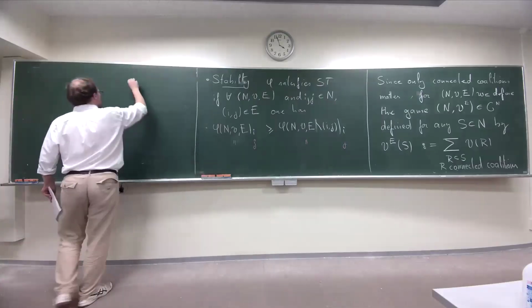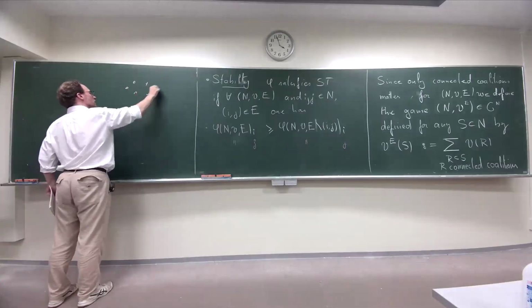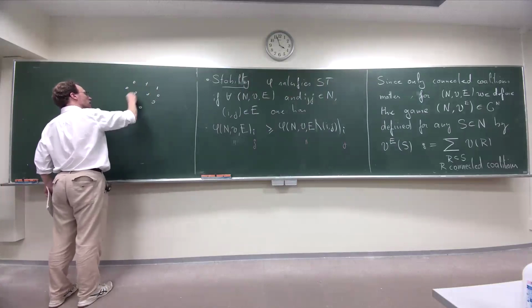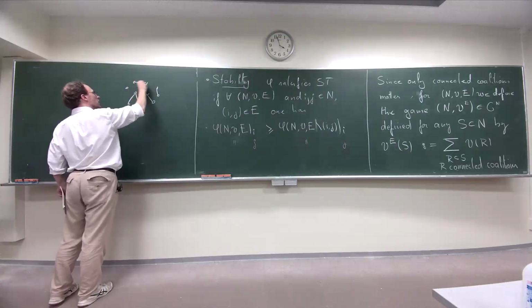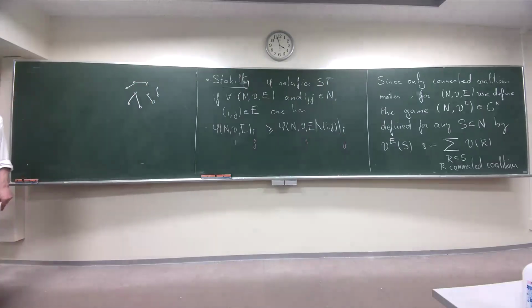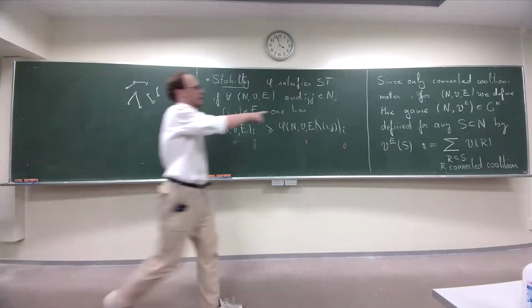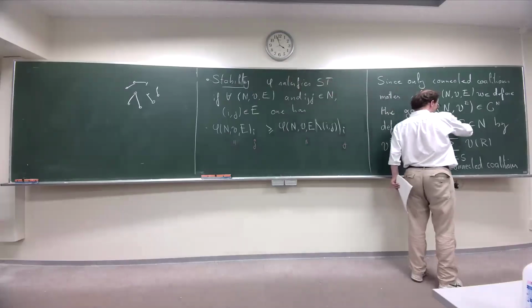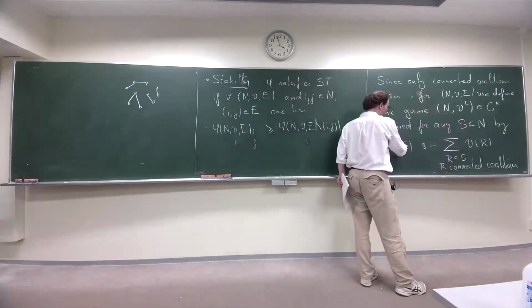What does it mean? Suppose this is a graph. We have four maximal connected components. I want to take any S and define VE of S.